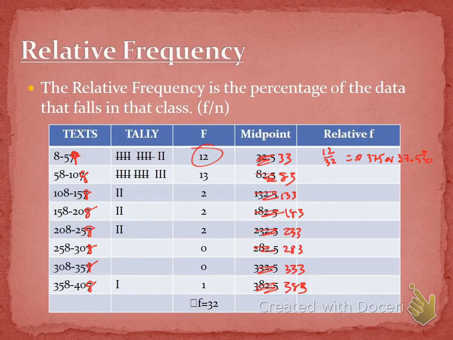And then so on and so forth. So 13 divided by 32 gives us about 40.6%. 2 divided by 32 gives us roughly 6.25%, which is the same for this next and this next.